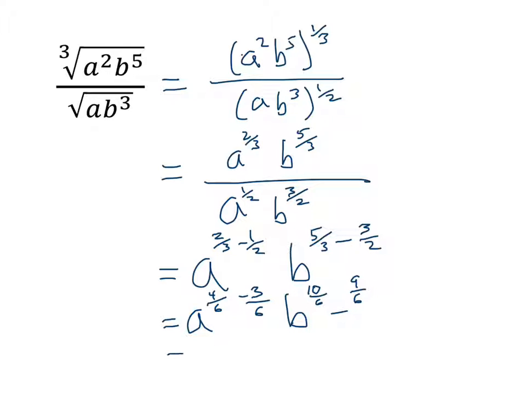And that ends up being a to the 1/6 and b to the 1/6. Well, that's kind of nice. They both came out to be the same. So let's write that. Let's pull that 1/6 out. That's a b to the 1/6, which is the 6th root of ab.